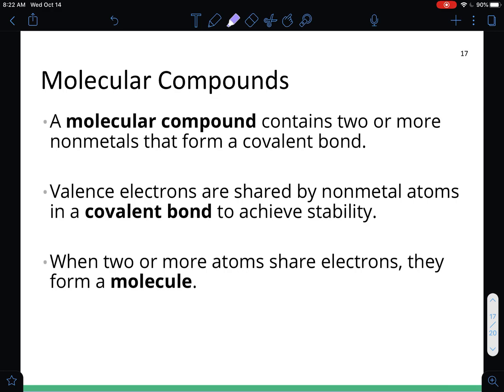And diving more into the covalent bond, there are a few different terms. A molecular bond, which just means that the bond contains 2 or more nonmetals that form a covalent bond. And then specifically, a covalent bond is when the valence electrons are shared between the 2 nonmetals to achieve stability, or an octet. And when 2 or more atoms share electrons, they form a molecule.